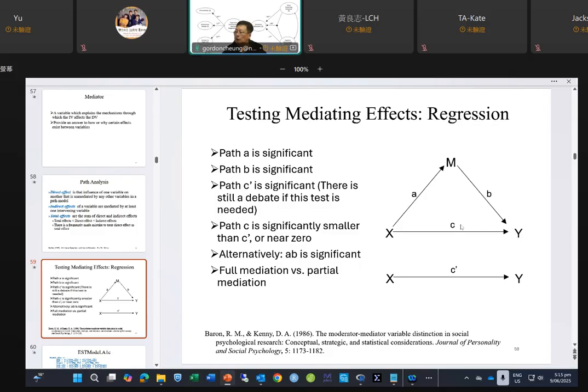If we miss out this direct path, then A times B becomes C'. That means all the direct effects will inflate A or B, will inflate the AB path. Do you understand? Do you know what I'm talking about?